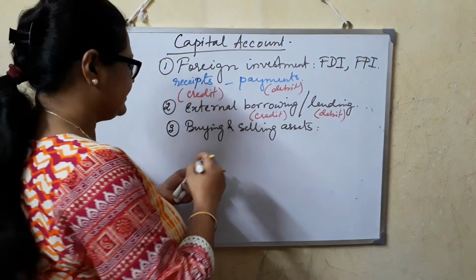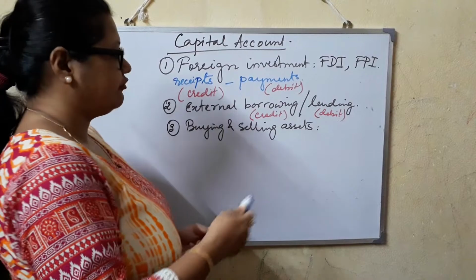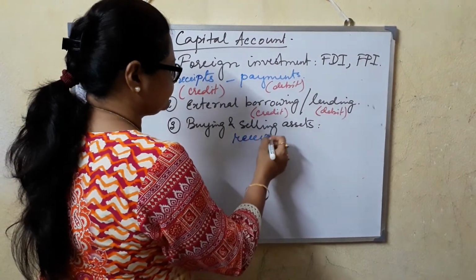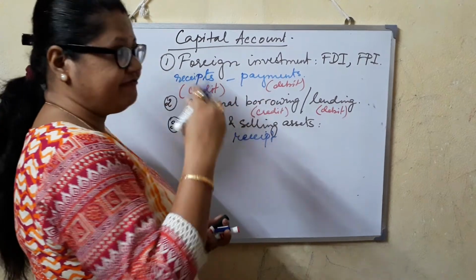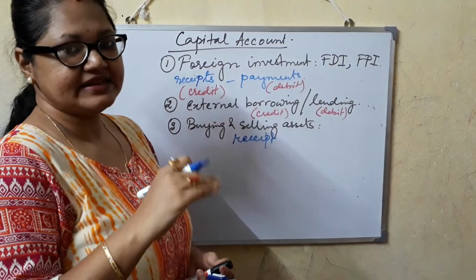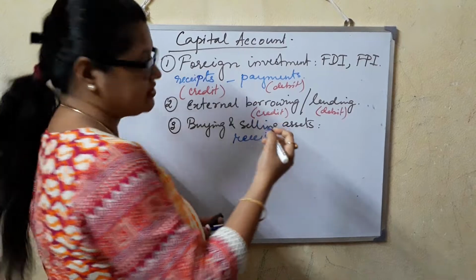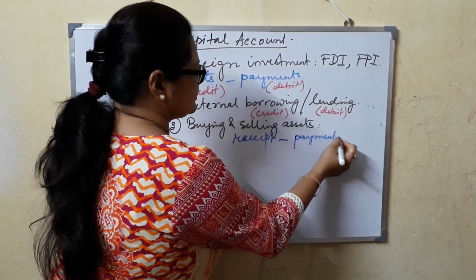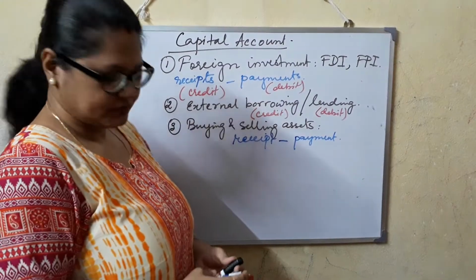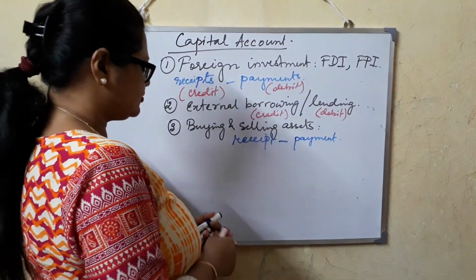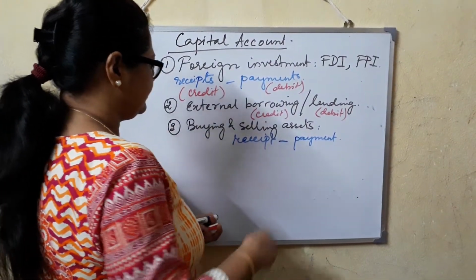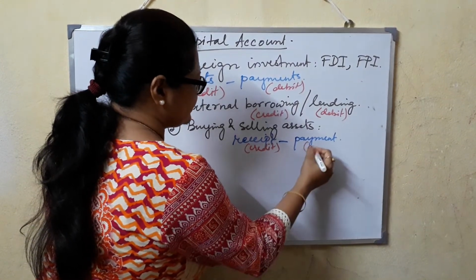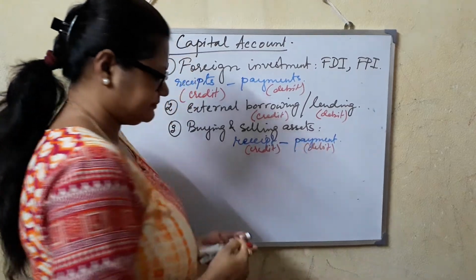So if there is a receipt of foreign exchange, it is a credit. And if we are going outside and buying some assets in other countries, it is a payment. So in that case, it is a debit. So this becomes our credit and this part becomes our debit.